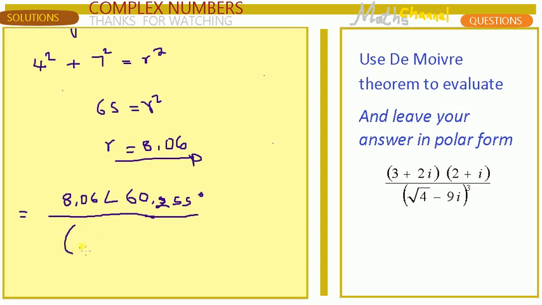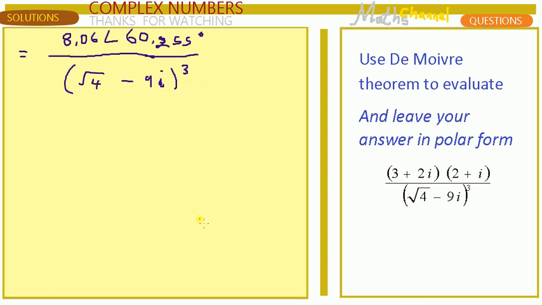So now we'll deal with the bottom part, which is square root of 4 minus 9i cubed. Notice there's a cube here. So dealing with this part, we'll use the arctan, and then we'll use the Pythagoras theorem.